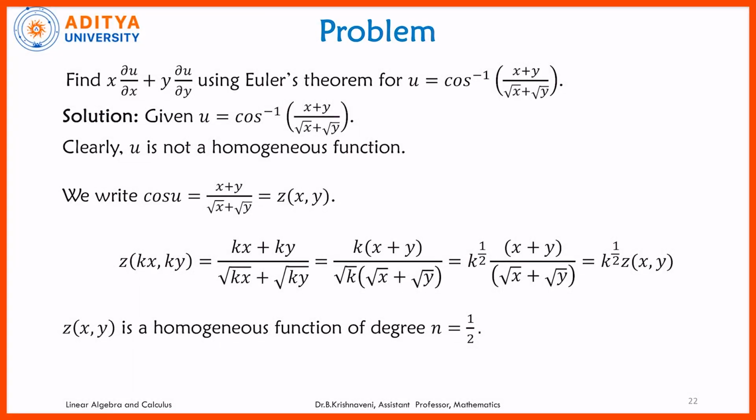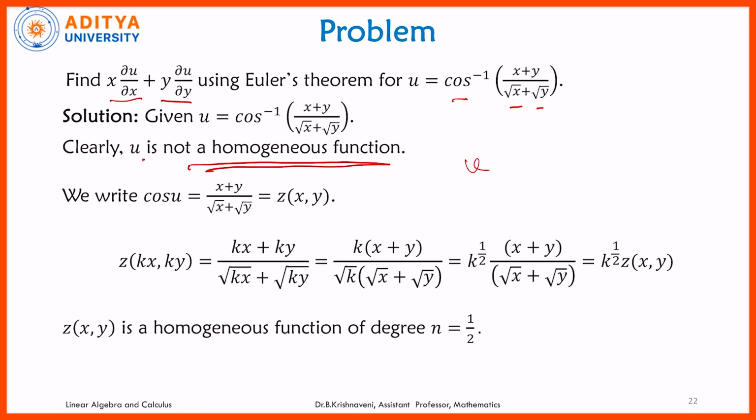The next question is, you have to calculate x ∂u/∂x plus y ∂u/∂y using Euler's theorem for u equal to cos inverse of (x plus y) by (root x plus root y). So, take the given function. If you observe this, if you do u of kx comma ky, clearly it is not homogeneous.